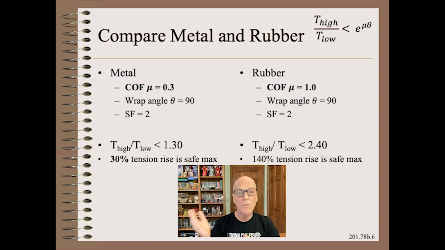If we compare rubber with metal for the same 90-degree wrap angle, we find that rubber can sustain 140% tension rise. In other words, increasing the COF by a little more than 3 can increase the amount of extra pull the drive roller can impart by almost 5 times. That is the power of exponents.